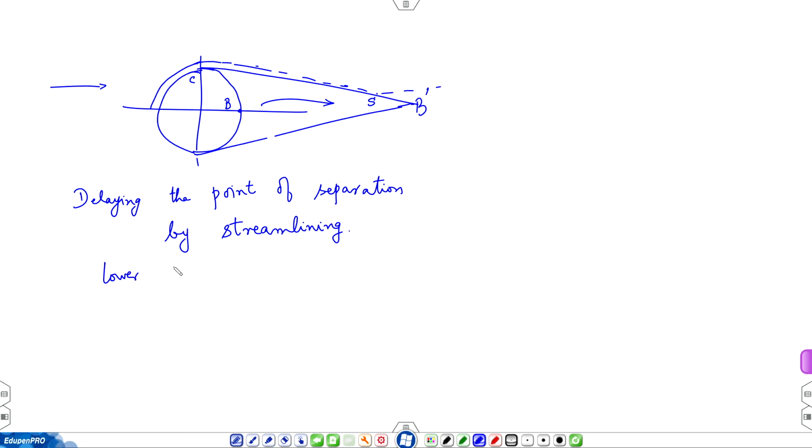This has the main advantage of lowering drag, because potential pressure prevails over a much larger portion of the surface.